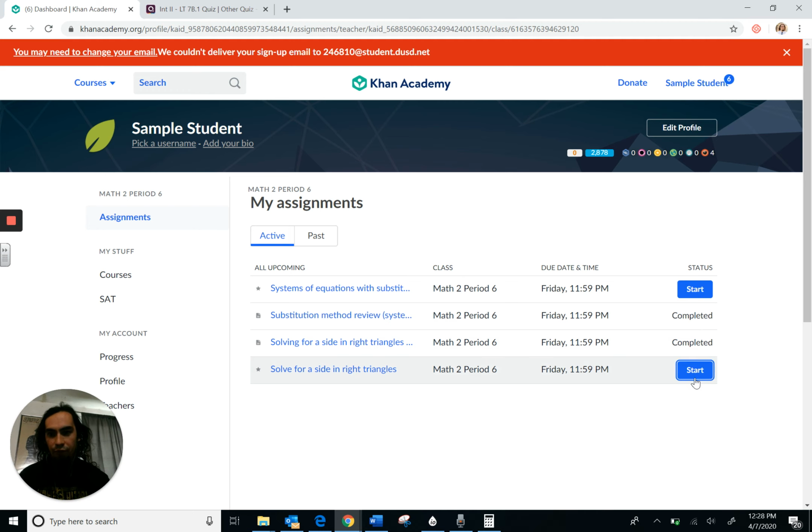Once you finish it the first time, there's going to be a button here that says try again or retry or something like that. So you can click try again as many times as you want to redo the assignment as many times as possible. And you'll get full points as long as you get 75% or better. So try to get at least 75%, and if you are able to do that, you will get the full points. Okay, so that's the Khan Academy assignment this week.